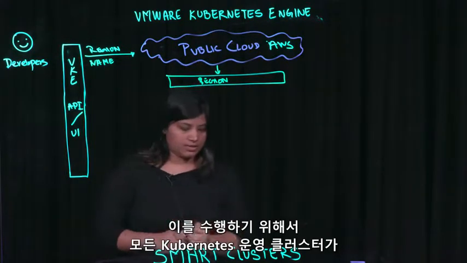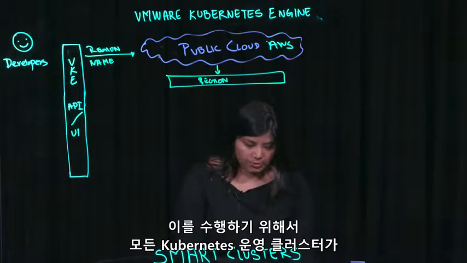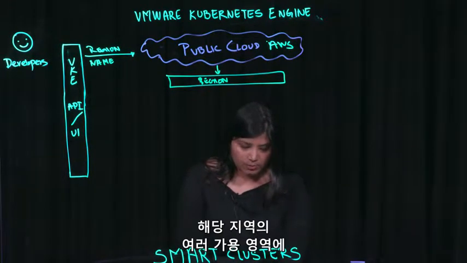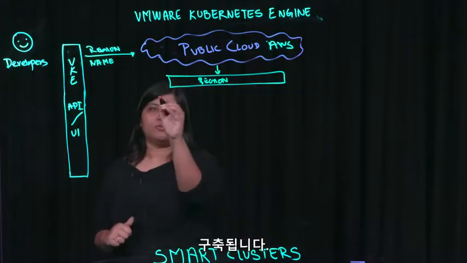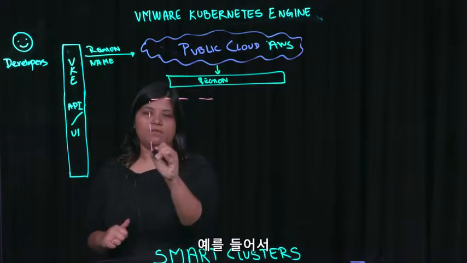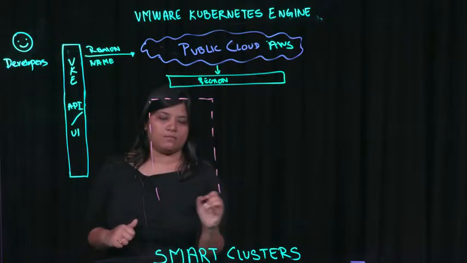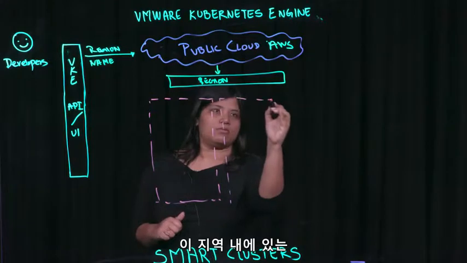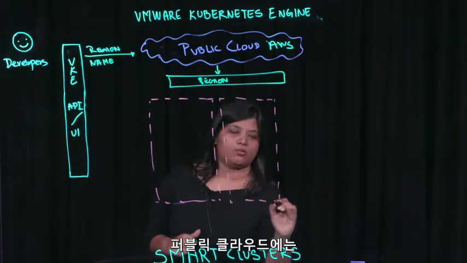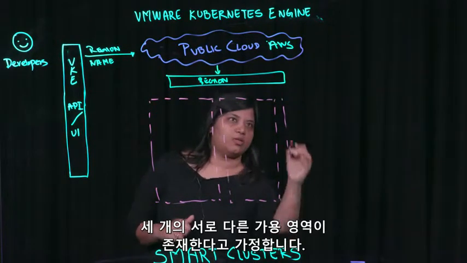Every Kubernetes production cluster is deployed across multiple availability zones within that region. So let's say that within that region, for that public cloud, we have 3 different availability zones.